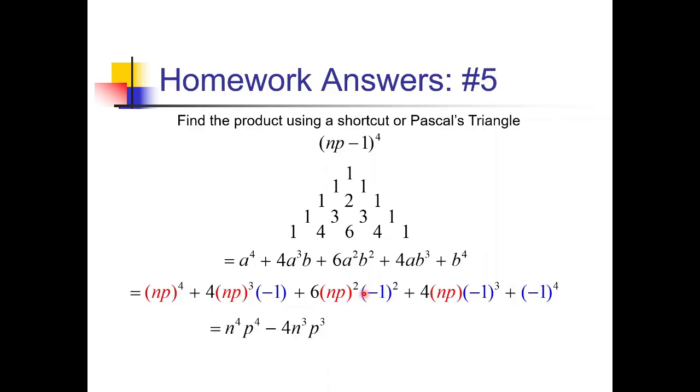For this next one, negative 1 squared is just 1, so we don't have to worry about it. So we have 6 n squared p squared. For the next one, negative 1 cubed is negative 1 times 4 is negative 4. So this is negative 4 np, kind of like the second term but with a different exponent. And then finally this negative 1 to the fourth is positive 1, so that's just a plus 1 there.